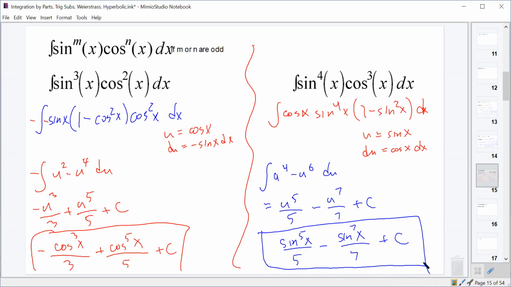Good or no? So odd powers on our trig functions makes it a lot easier. You don't have to worry about power reducing. Everybody good or no?